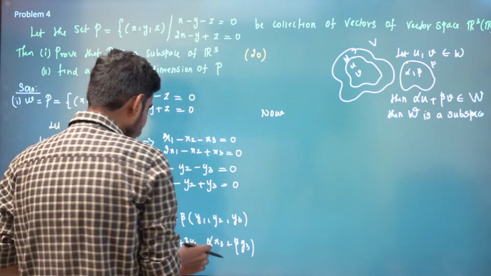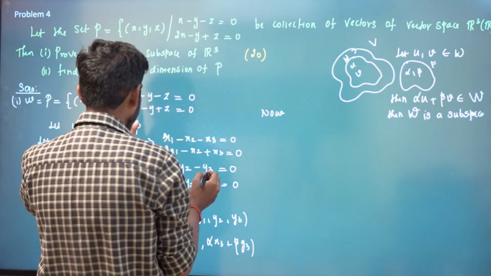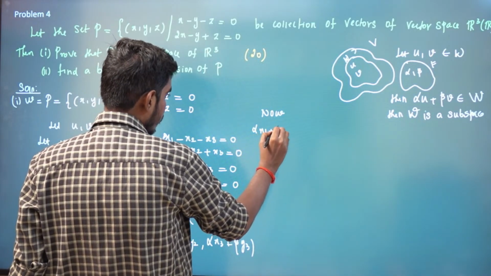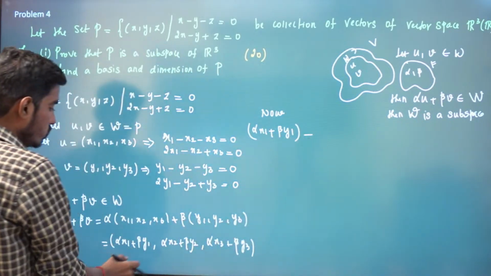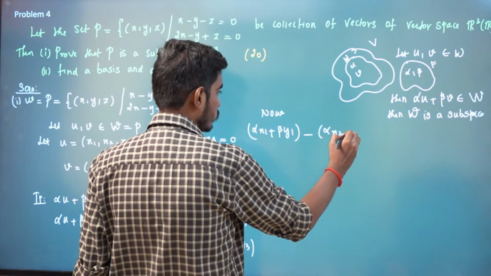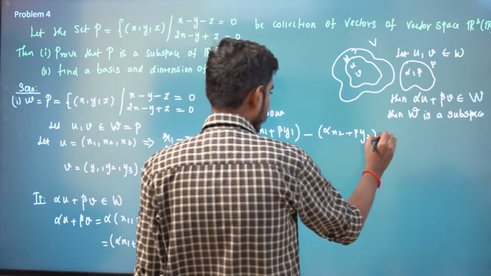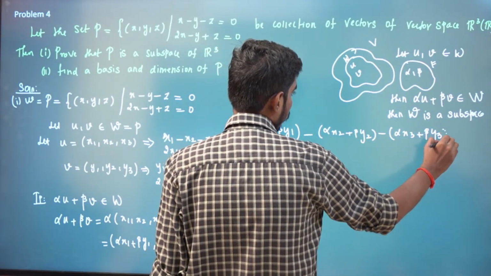Now we will see whether this vector satisfies these two equations or not. First we find x minus y minus z. Here x is alpha x1 plus beta y1, y is alpha x2 plus beta y2, and z is alpha x3 plus beta y3.